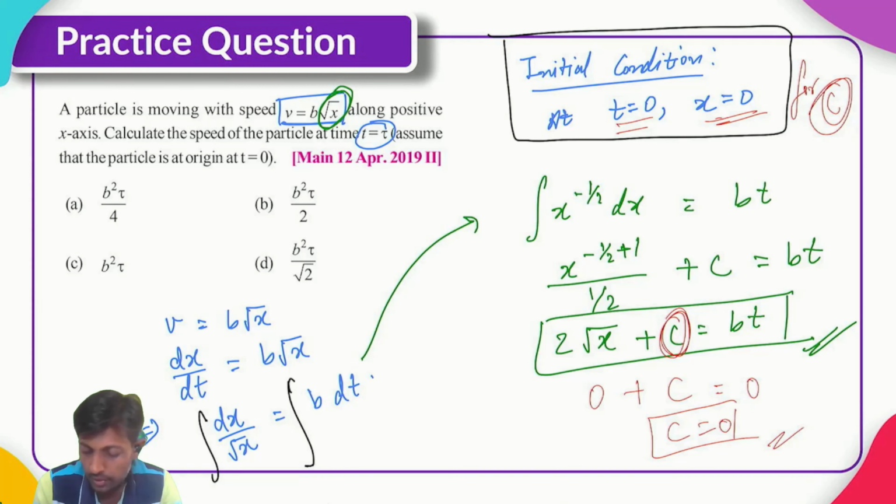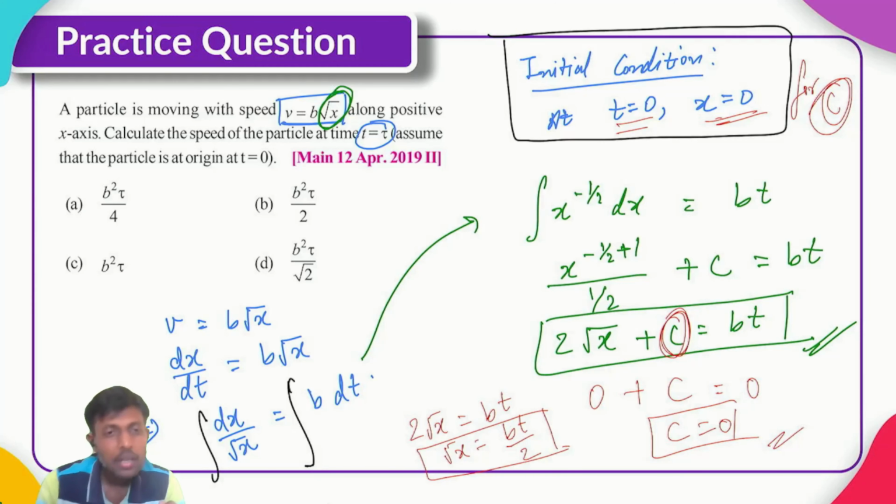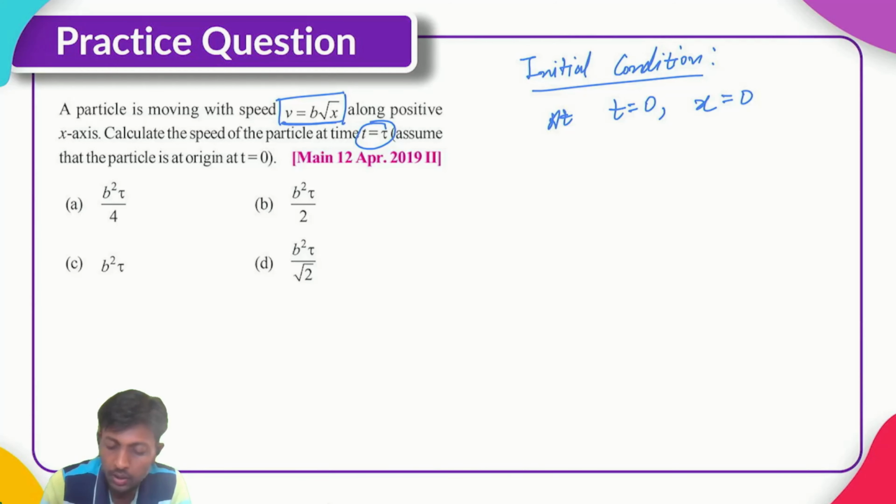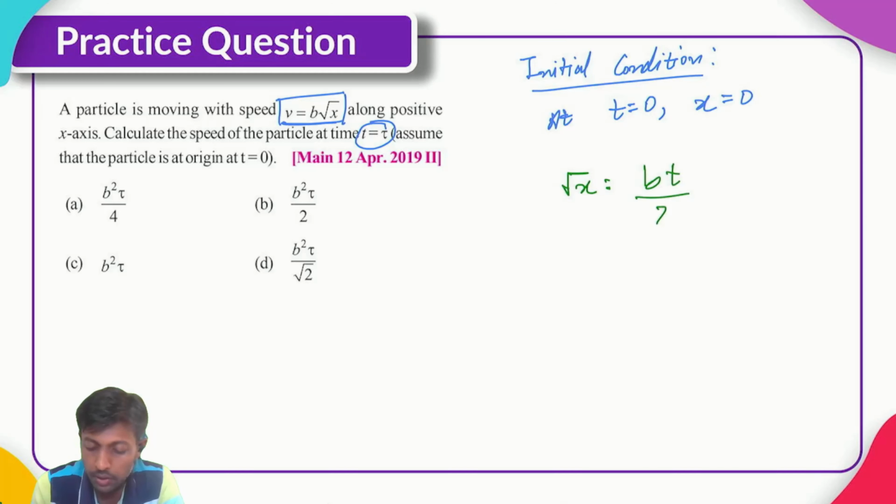We all can see that. Okay. So that means 2 root x is equal to b into t, or root x can be written as bt by 2. This is a very important result. So we just now found out root x is equal to bt by 2.